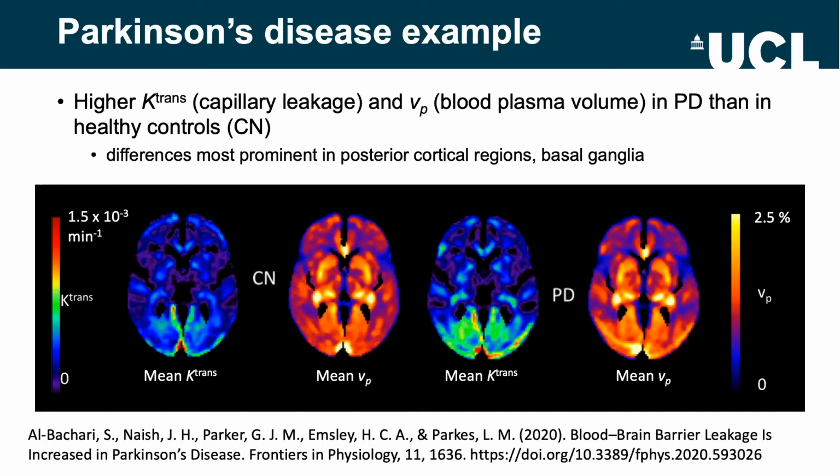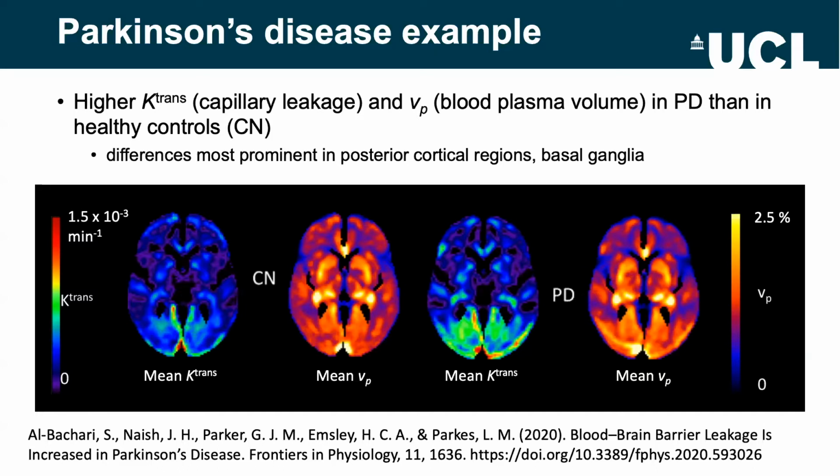So confirming this idea that blood-brain barrier breakdown is present in Parkinson's disease. Interestingly, if we look at the blood volume map, it looks very similar to the controls, and we weren't able to establish any significant differences in blood volume between the Parkinson's group and the control group, even though we were able to detect these differences in blood-brain barrier permeability.